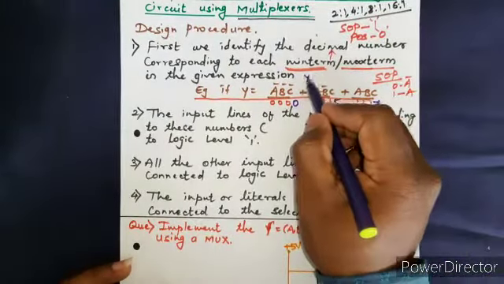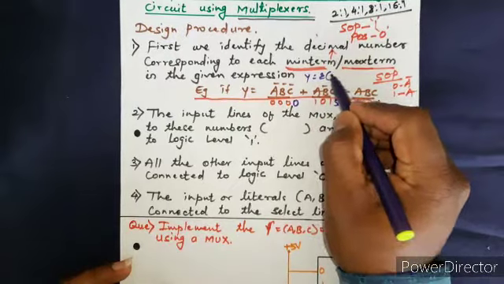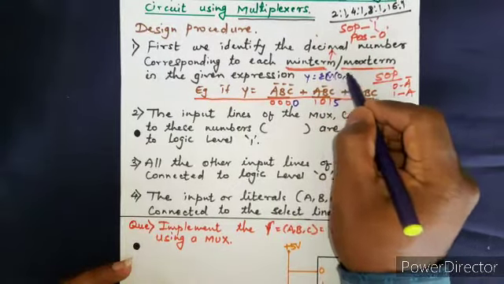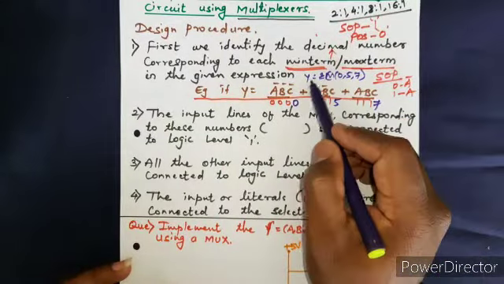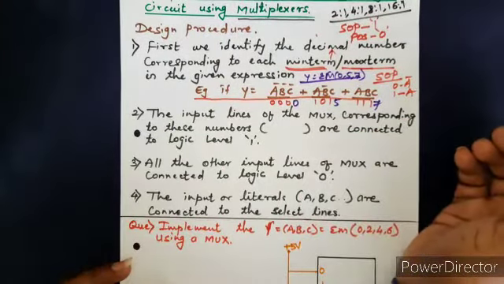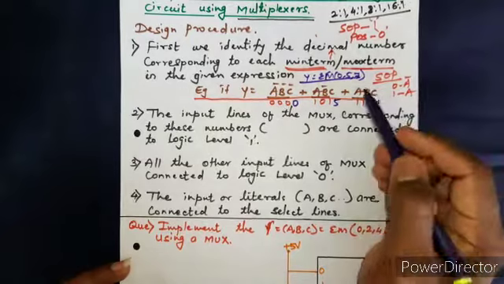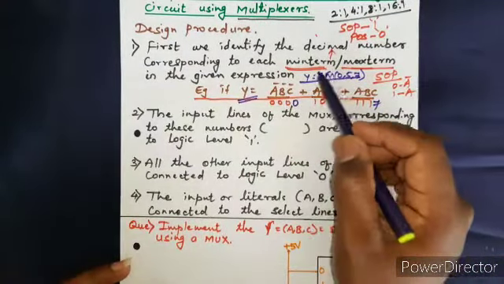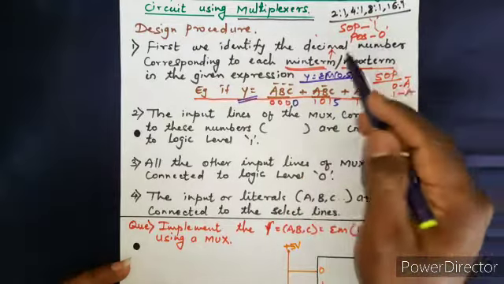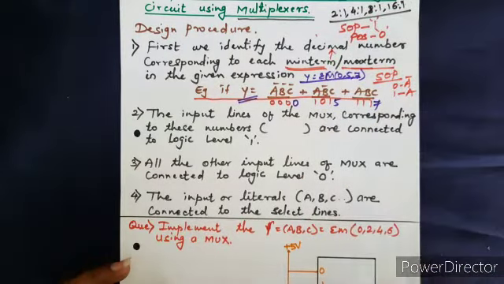So our expression is y equals summation of m 0, 5, 7. If the equation is given directly in this form, then life is good. But if it is given in the other form, just replace the min terms by their corresponding decimal numbers. Very easy.